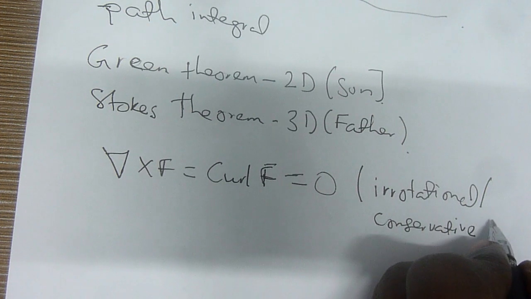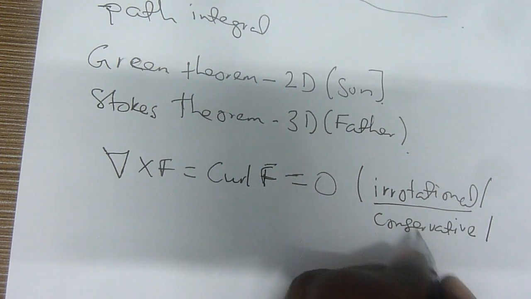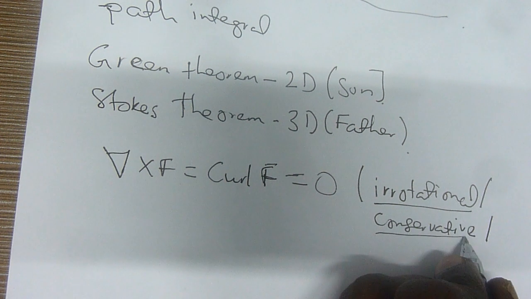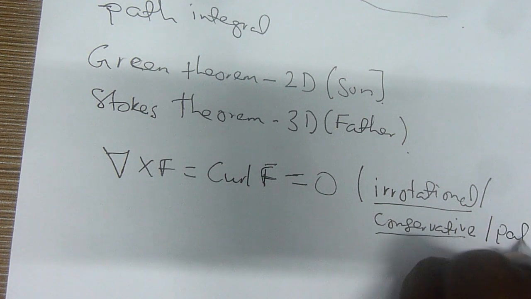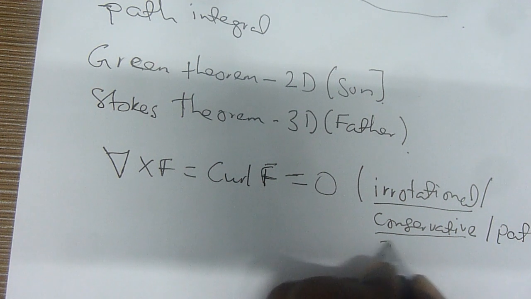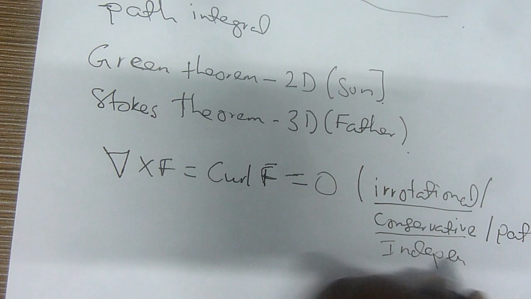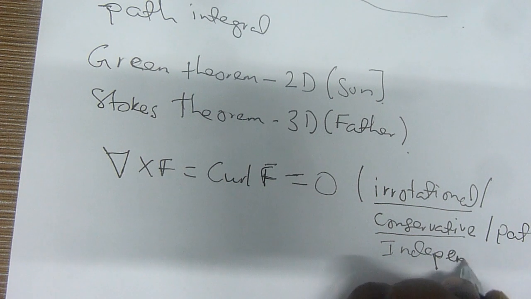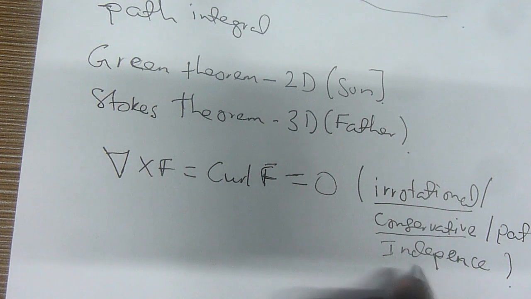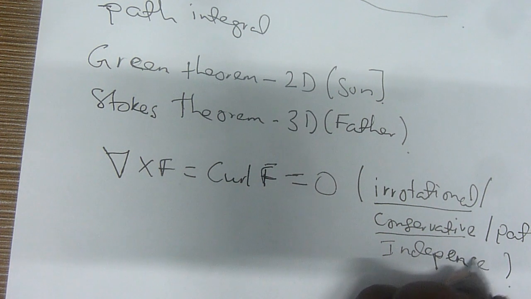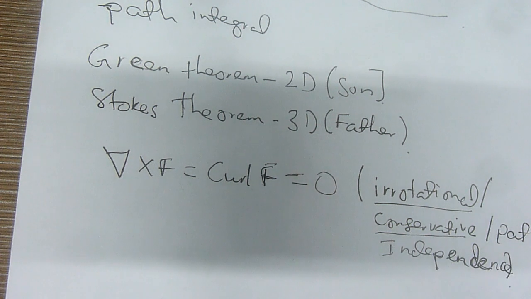If we can say this is irrotational, it will be conservative, and once we say it's conservative, automatically we call that path independence. Many of you did ask me what is potential.